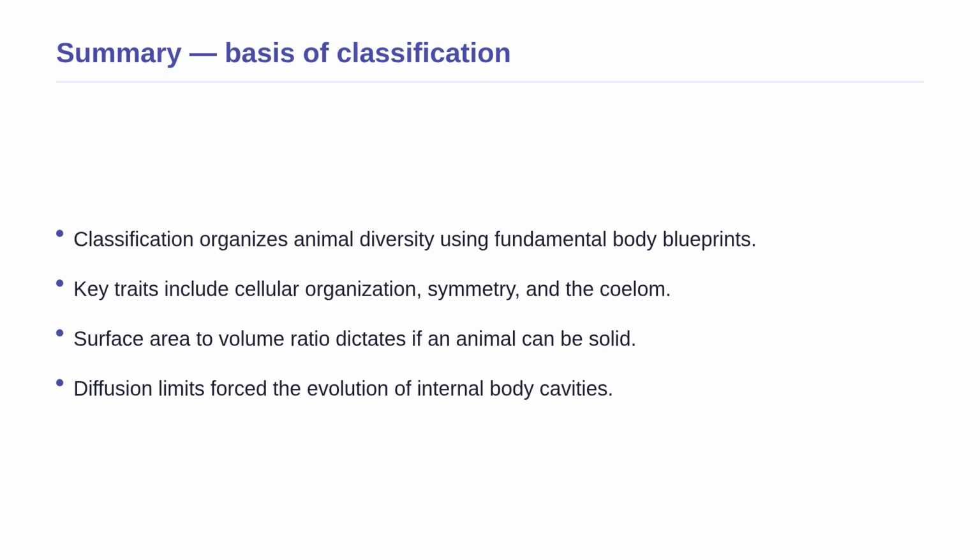As we wrap up, let us reinforce the most important ideas from this topic. First, the basis of classification is the essential framework that brings order to the immense diversity of the animal kingdom by looking at fundamental body blueprints. Second, we classify non-chordates using key traits like cellular organization, body symmetry, and the presence of a coelom.